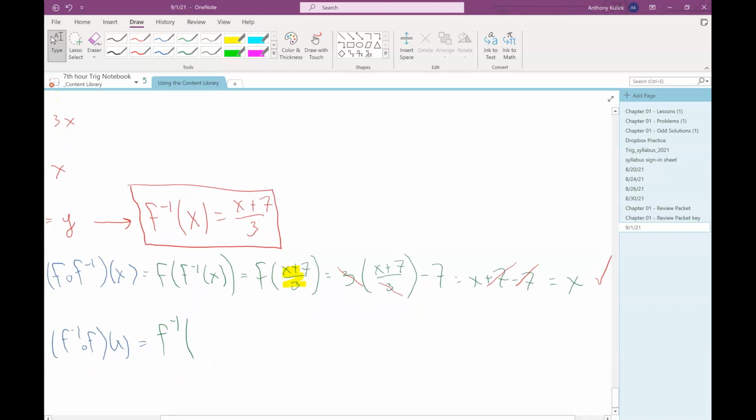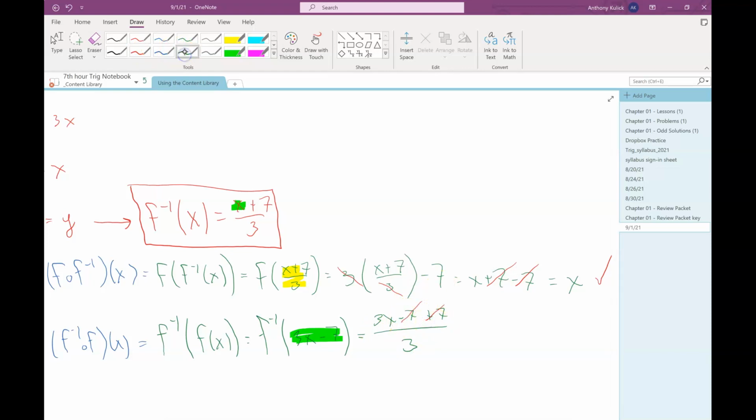So f inverse compose f of x is f inverse of f of x. In this problem, my f of x was 3x minus 7. When I plug that into my f inverse, I have 3x minus 7 plus 7 over 3. Well, minus 7 and plus 7 add to give me 0.